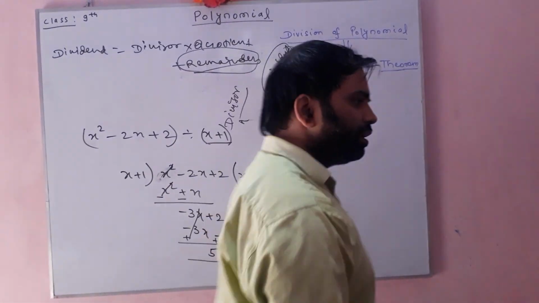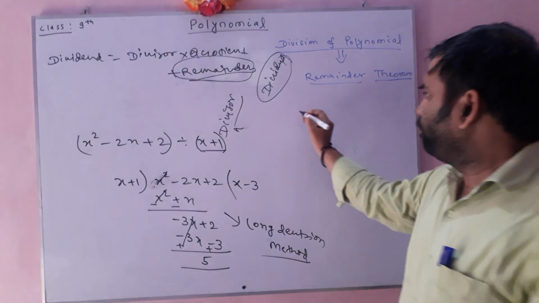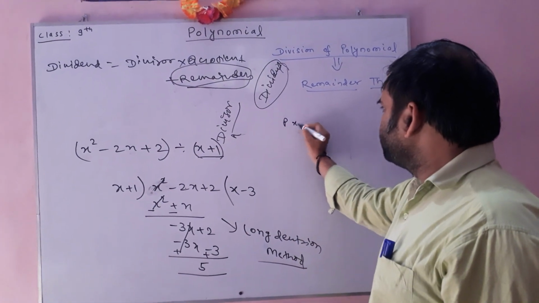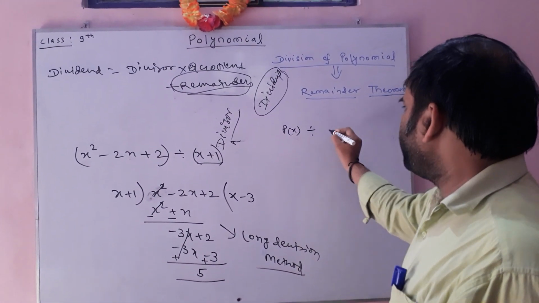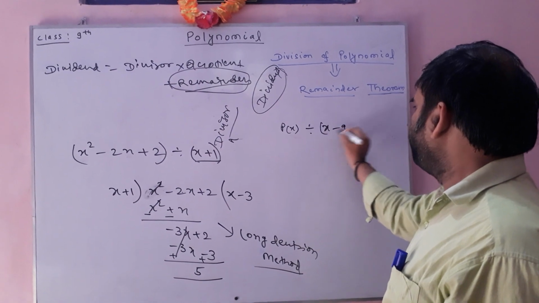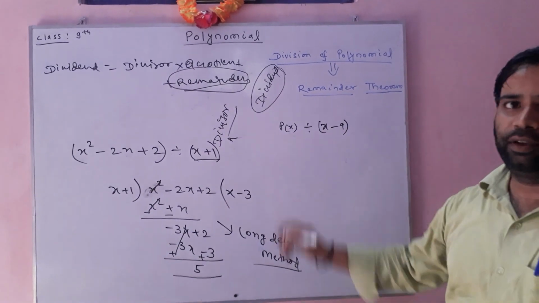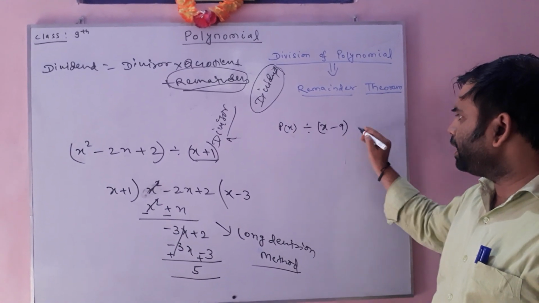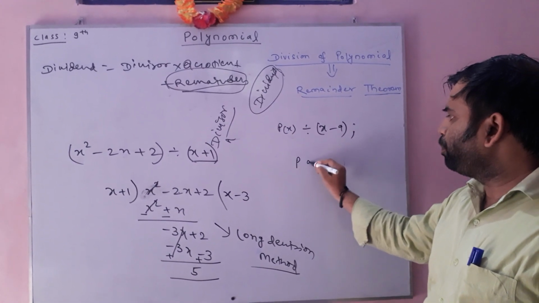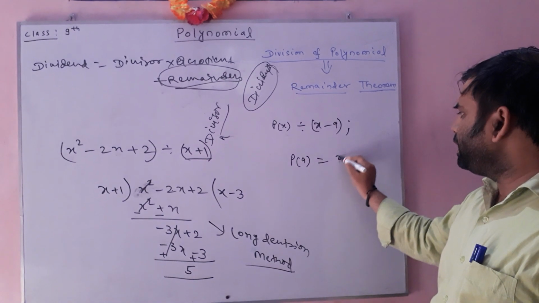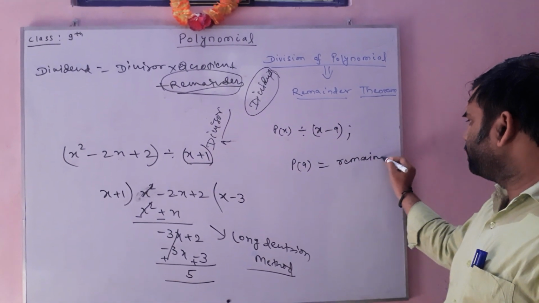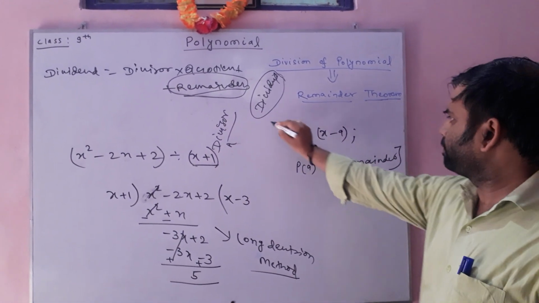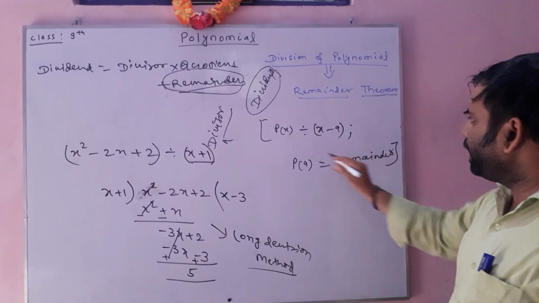The remainder theorem says: when p(x) is divided by x minus a, that is, when a polynomial in x is divided by x minus a, then the polynomial in a, p(a), is equal to the remainder. Just think about what I have written here.